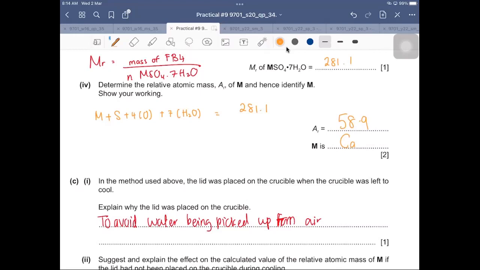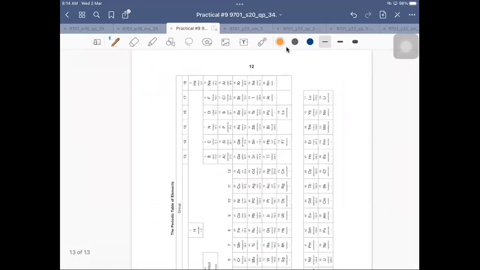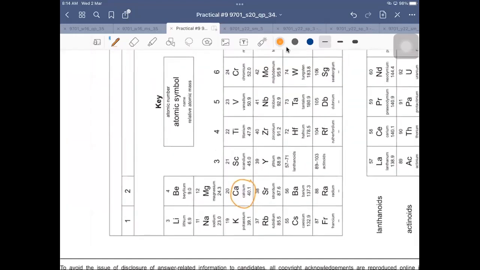So what sort of value are you getting for your AR? 59, okay, that sounds okay. 58. Anyone else who gets a different metal? 17? So in your case, if you get 17, your metal would be magnesium. Okay, so your answer will be magnesium.